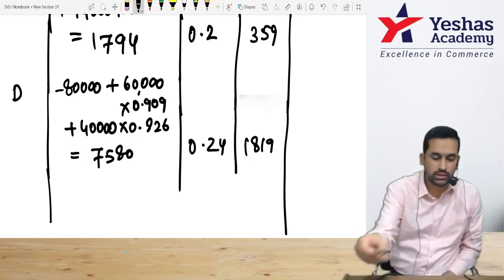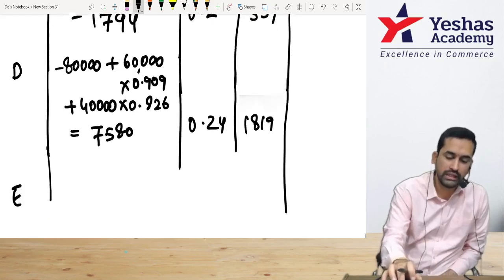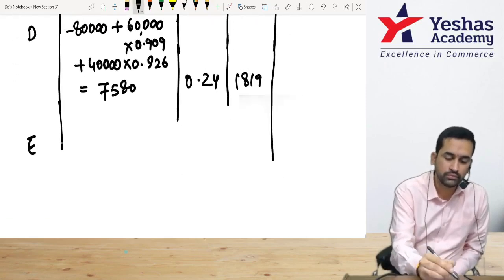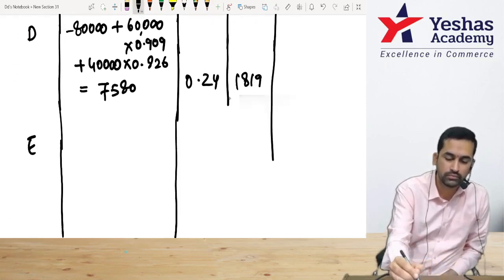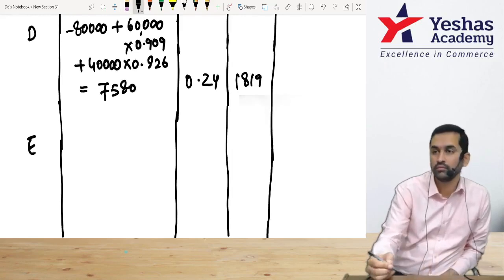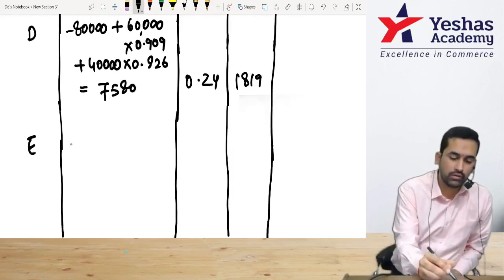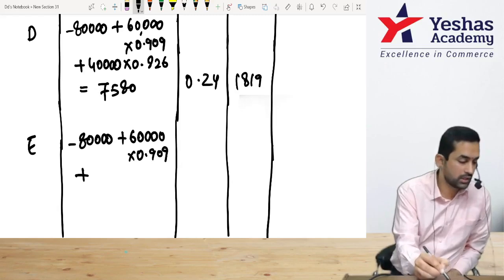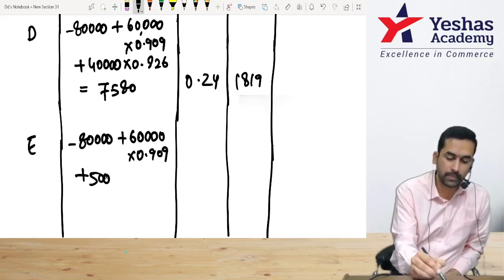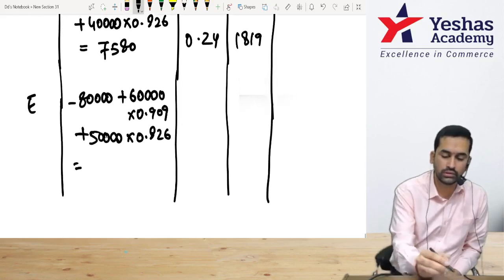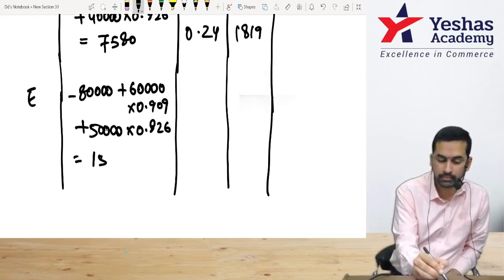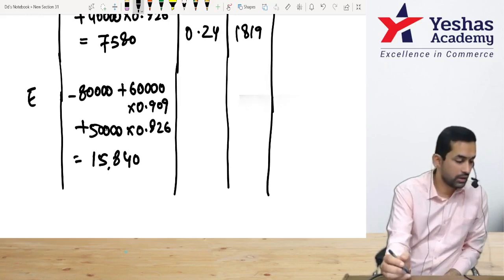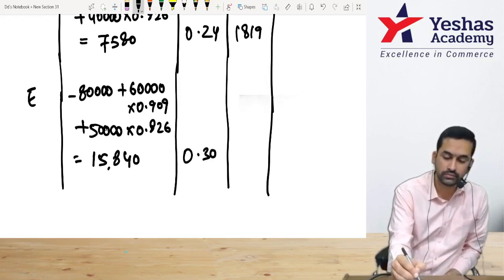Continue. This is path E. Minus 80,000, 60,000 into 0.909. This has to be now 50,000 into 0.826. What's the number? And this is 0.3.